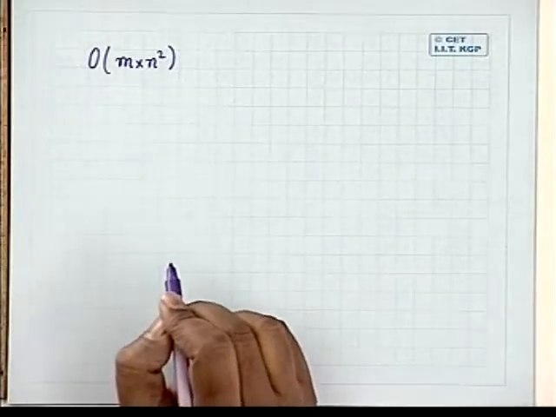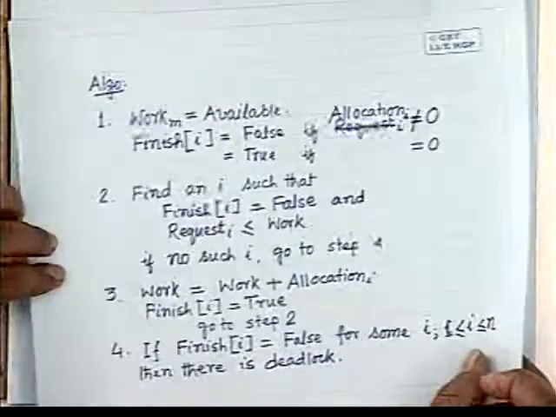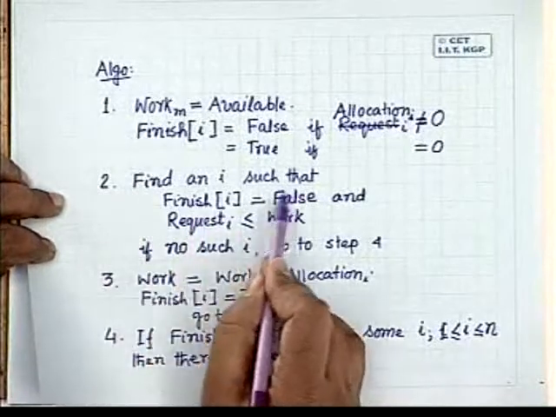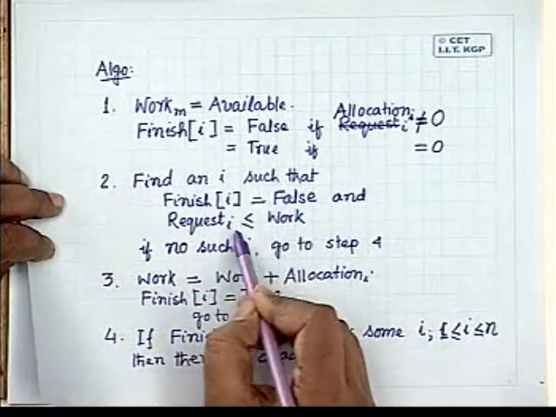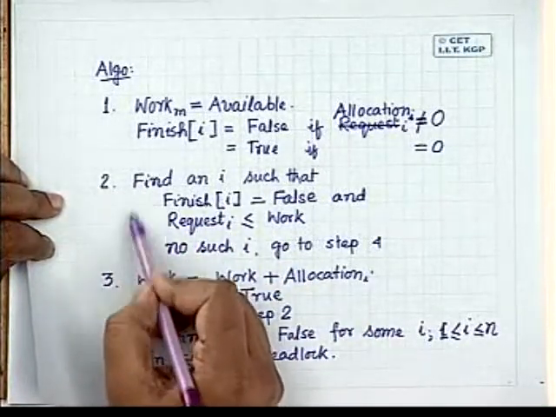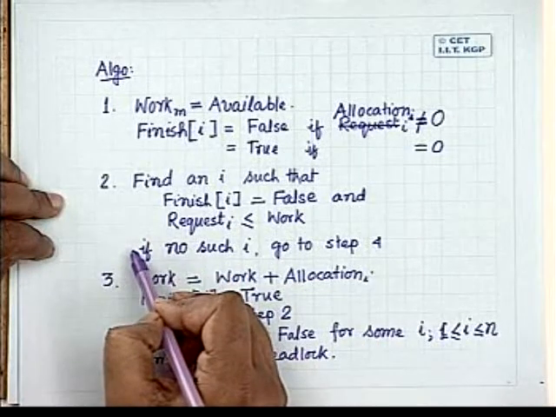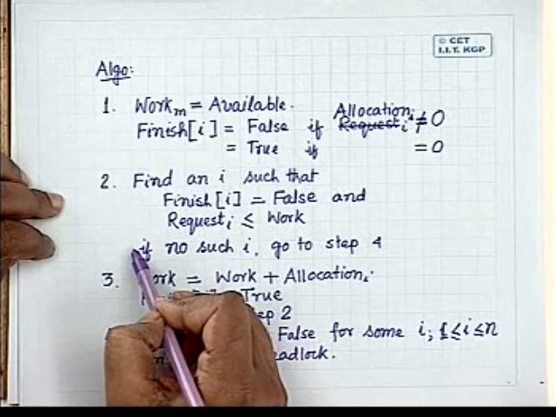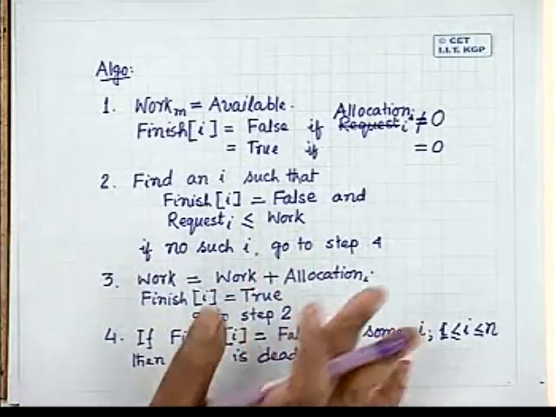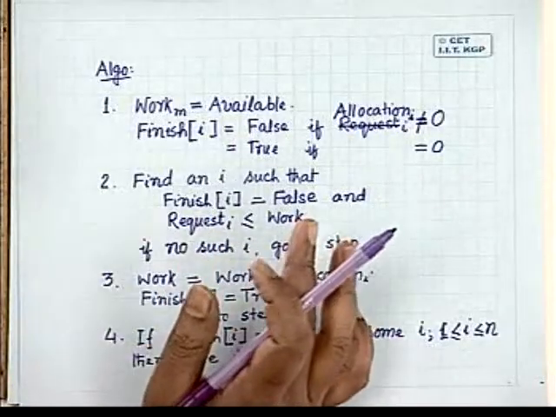Because if there are n processes, in step 2 finding an i such that these conditions are true will itself take n squared time. And because there are m resource types, every vector, available, request, all these vectors are of dimension m, so the total time complexity will be of order m into n squared.